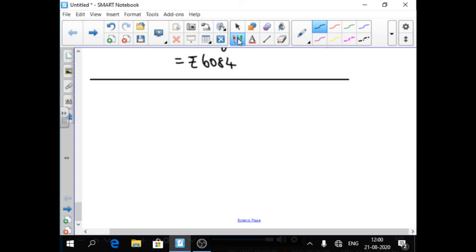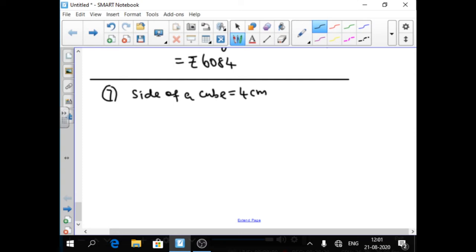Just substitute. Again for seventh problem, the side of the identical cube is equal to 4 centimeter. There are 3 identical cubes.